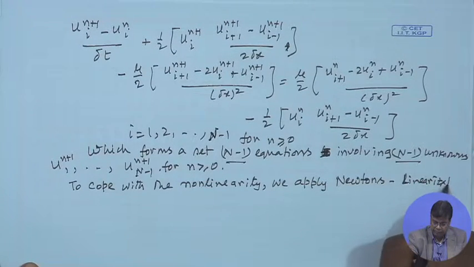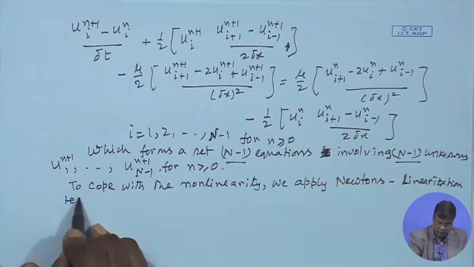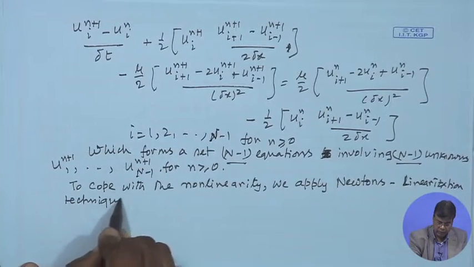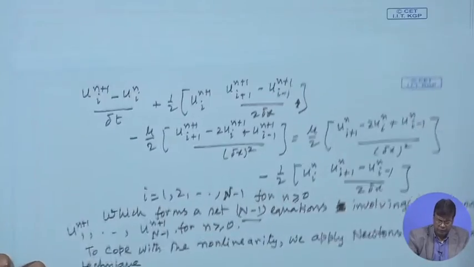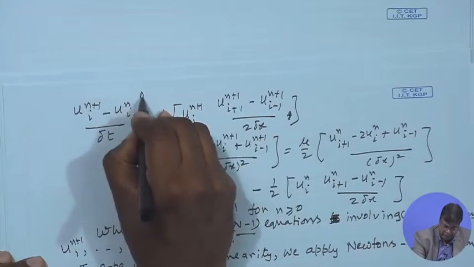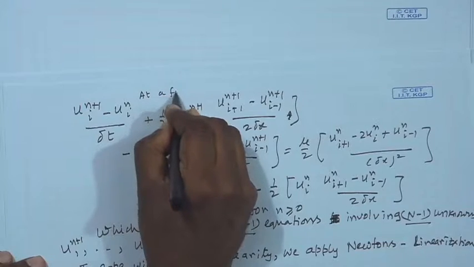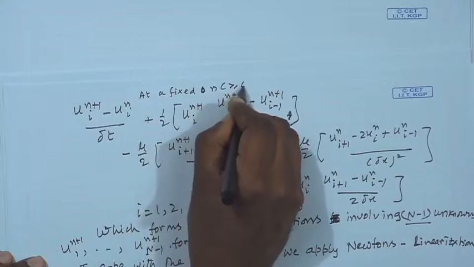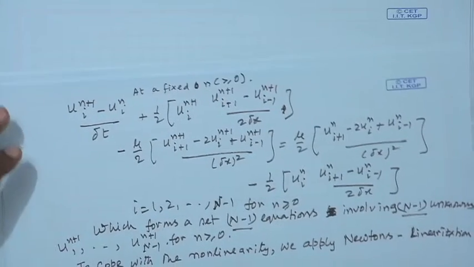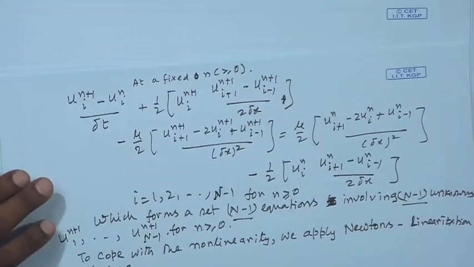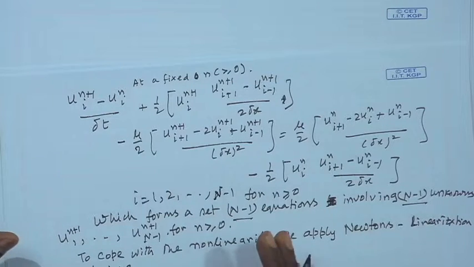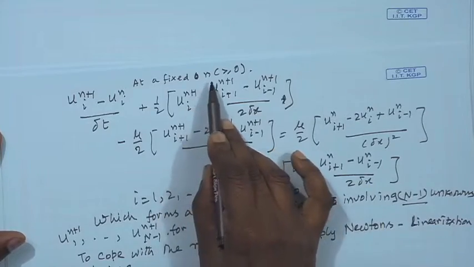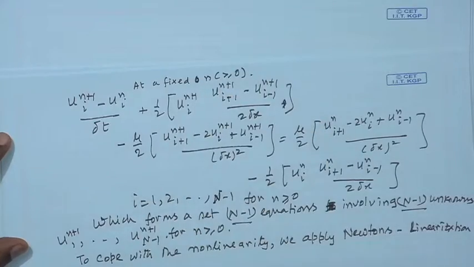Before that, let us write that at a fixed n greater than or equal to 0, because we are fixing the time, that means from the first time step to the next, whichever, we are fixing a value of n and then solving for all i.